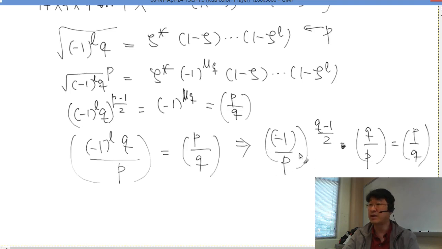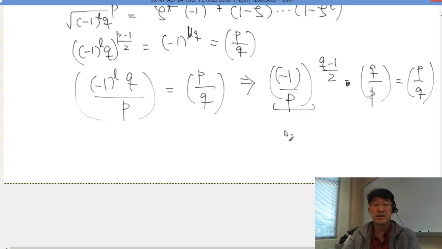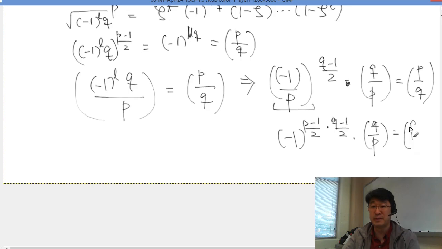But what is this one? It's 1 or -1, depending on 1 mod 4 or -1 mod 4. By Euler's criterion, back in this one again, (-1) to the p minus 1 over 2, out there is a q minus 1 over 2 times q over p equals p over q. So if any of these is 1 mod 4, that's going to be an even number. If both of them are 3 mod 4, that remains an odd number. That is the quadratic reciprocity that you've seen. We're able to flip-flop.